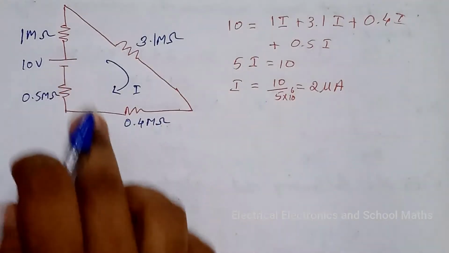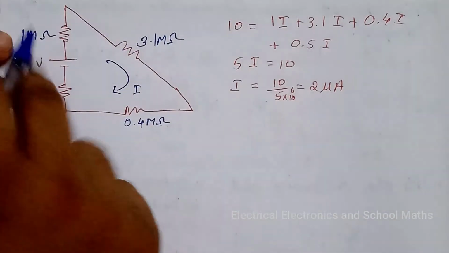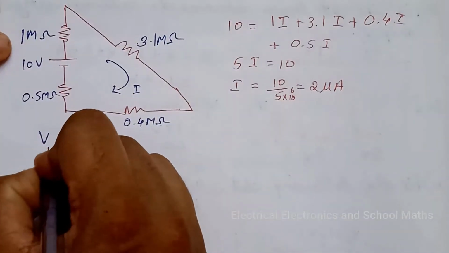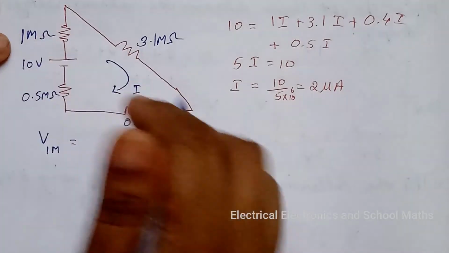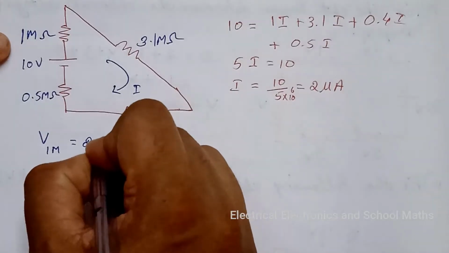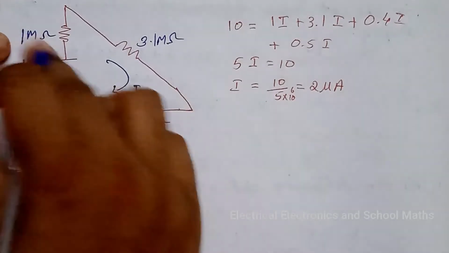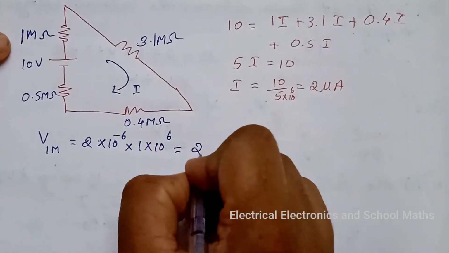Now the voltage drops across each resistor. The voltage drop across the 1 mega ohm resistor is the current into that resistor, that is 2 into 10 raised to minus 6 into 1 into 10 raised to 6, equal to 2 volt.